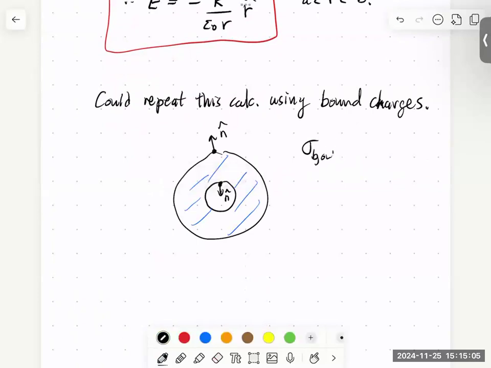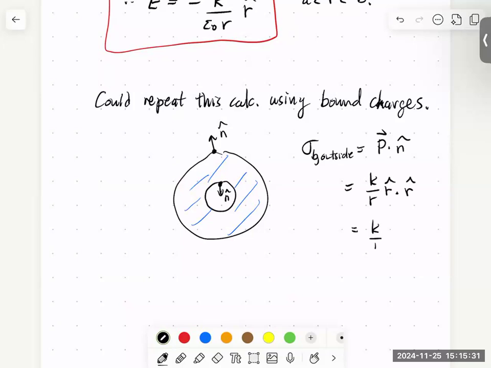Sigma B outside is going to be equal to what? It's P dot N hat. But in our case, P was what? It was K over R hat. And for outside, the N hat is in the radial direction. So it's dot R hat.